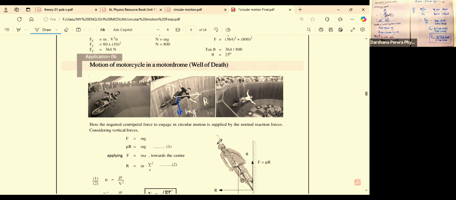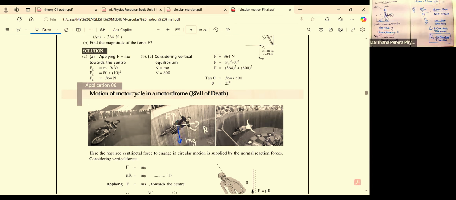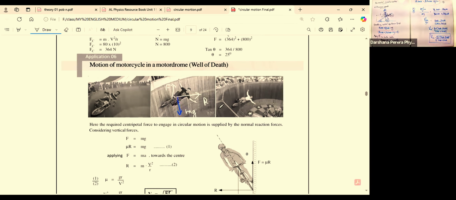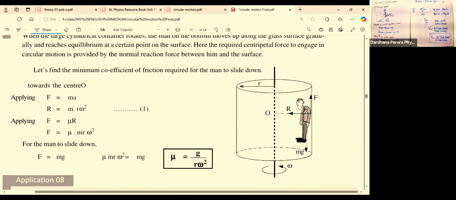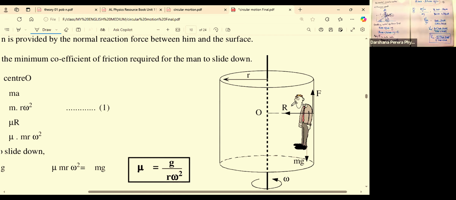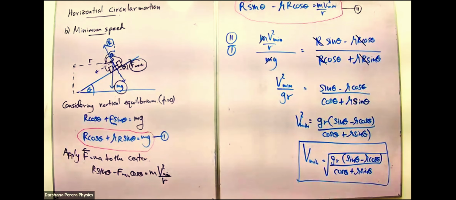It's like this. See, F, mg, and R. This is also a circular motion, the motorhome, and we also have to consider the rotor. When a man is in the rotor, it is the same case. Okay, right. Write down another example: well of death.